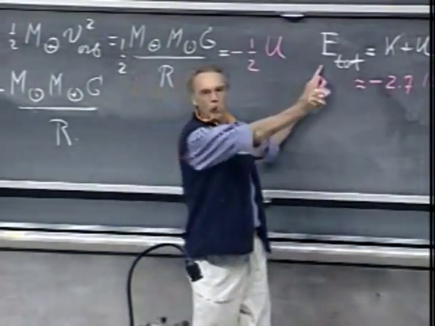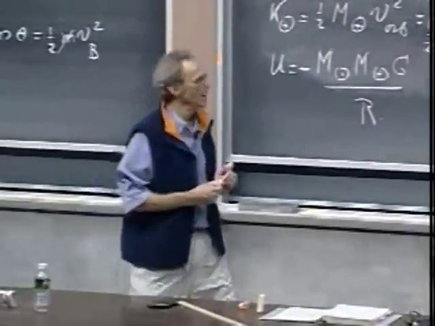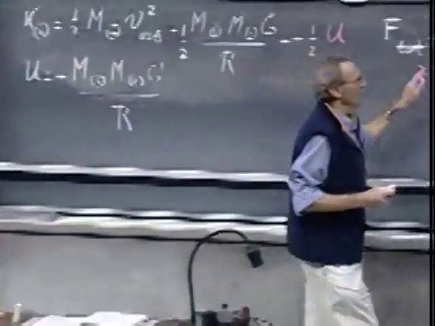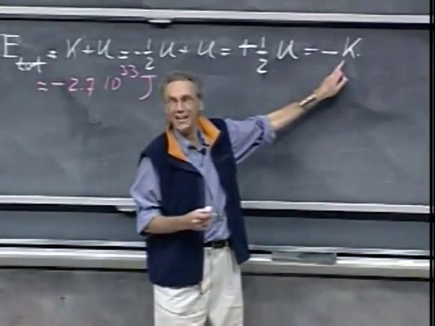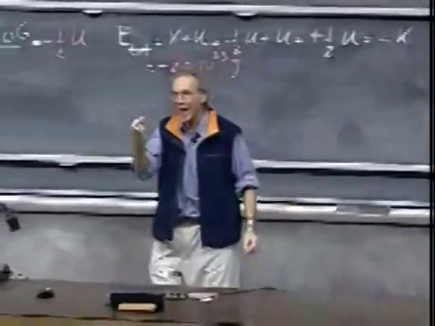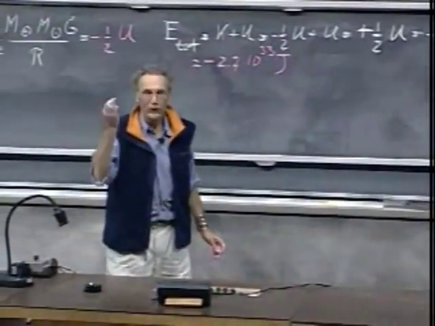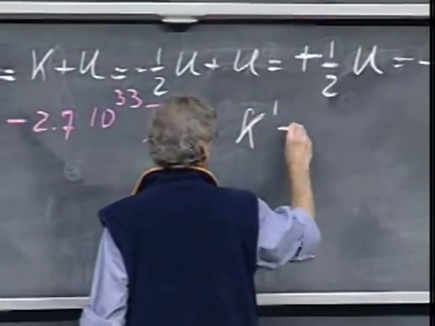So it can cruise all the way to infinity and have 0 speed when it gets there. How can I make this 0? Well, I have to add to the kinetic energy exactly K, because minus K plus K is 0.